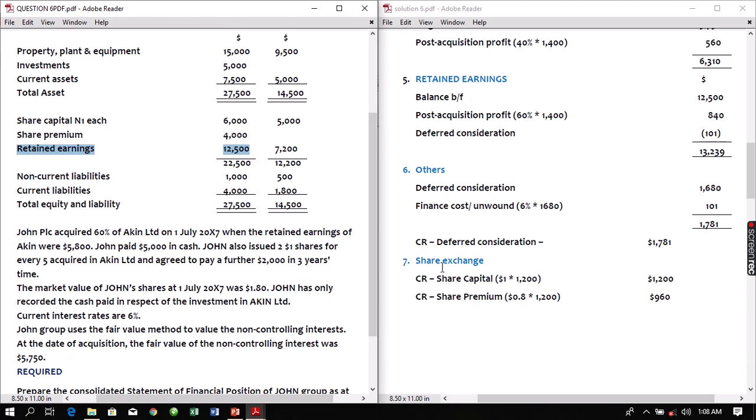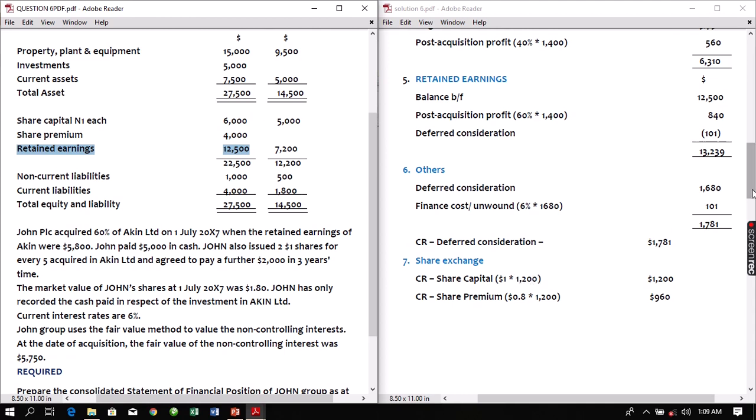Now, in this case, we all see that this company is definitely getting 60% of the equity capital. The question is, how many shares will I be giving them in total? So that will be 60% of 5,000 times 2/3, which means that the total shares the parent company will give the owner of the subsidiary is 1,200 ordinary shares.